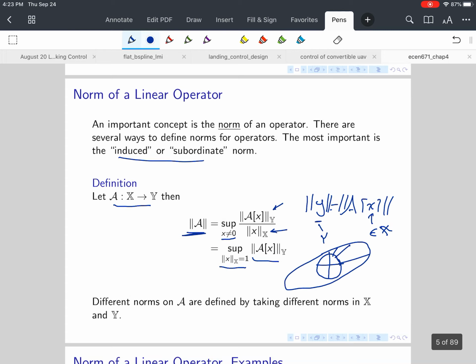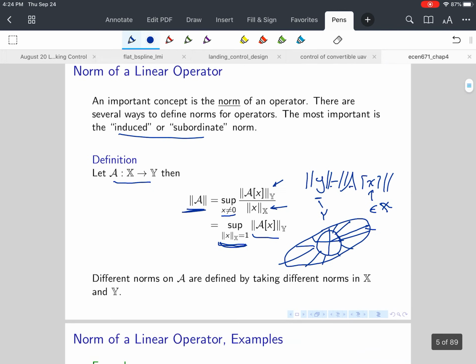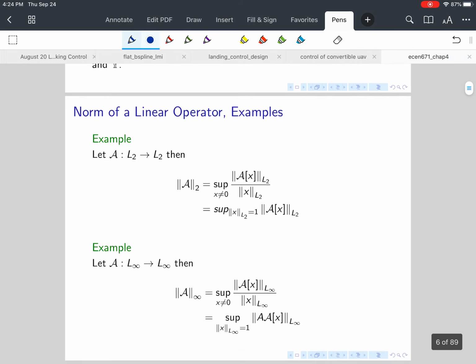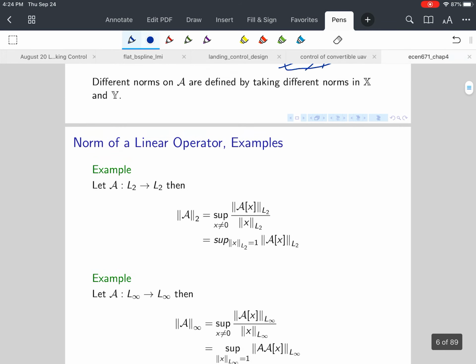So each of these x's maps out through A, and then we would look at the largest norm. This would be the supremum over all of those x's. So different norms on A can be defined by taking different norms in X and Y.